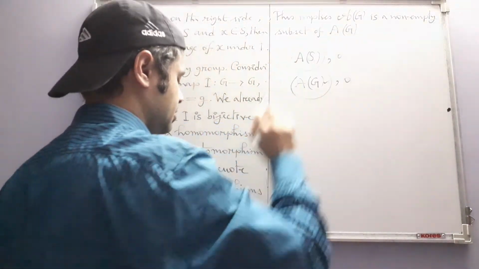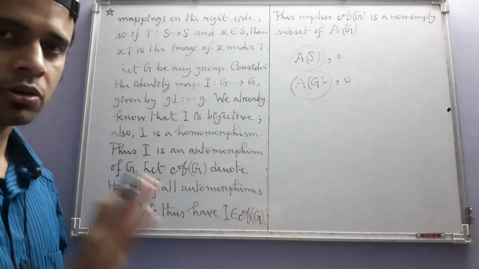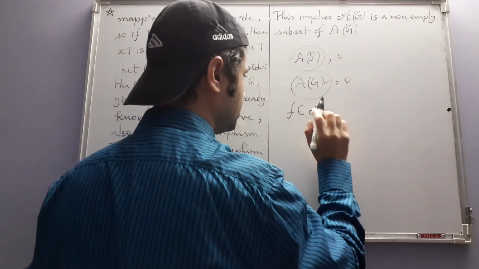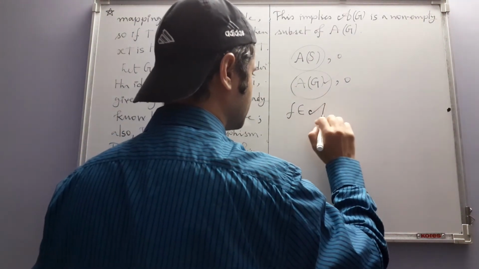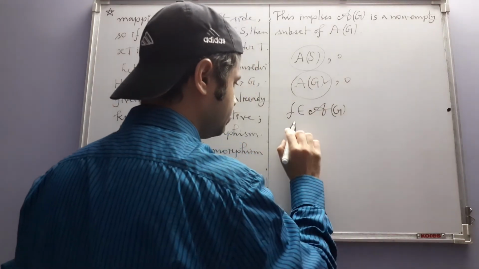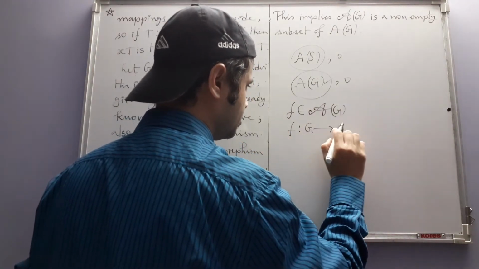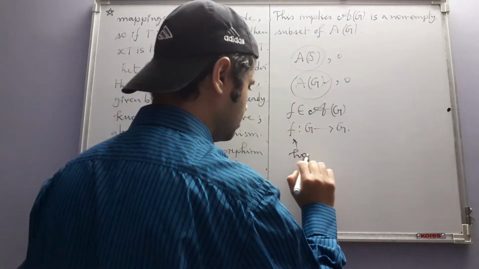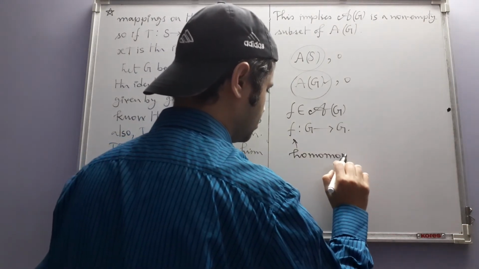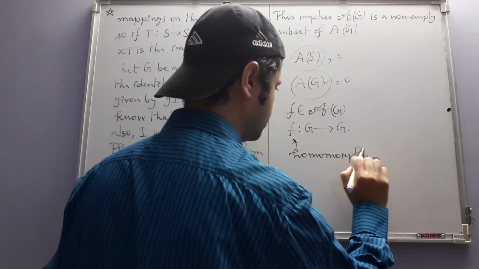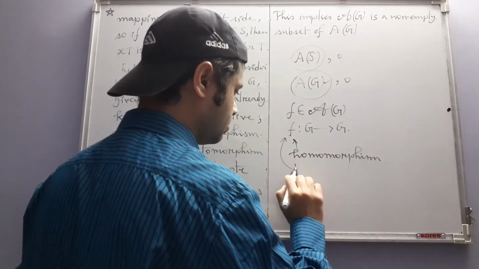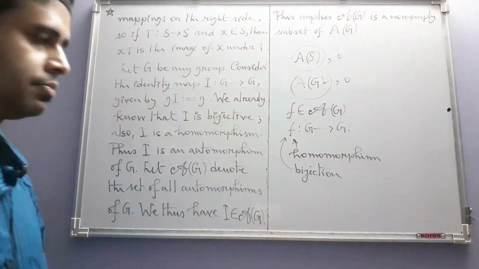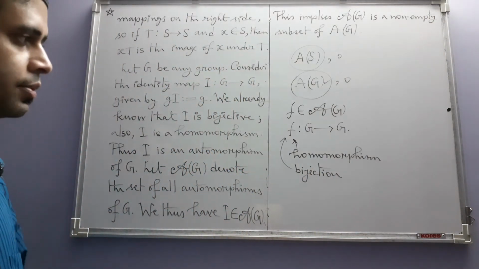What are the elements in this? The elements are automorphisms. So if I choose an element f here, then f is an automorphism of G. That means f is a homomorphism and f is also a bijection, one-to-one and onto.